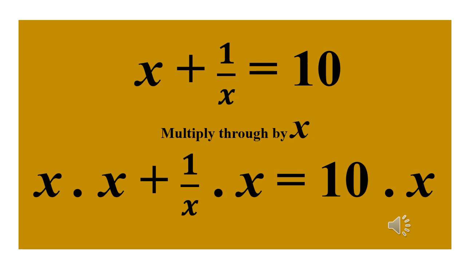So from x plus 1 over x equals 10, we can just multiply through by x. So if we multiply through by x, we have x times x plus 1 over x, times x, equals 10 times x. The dot there means multiplication.